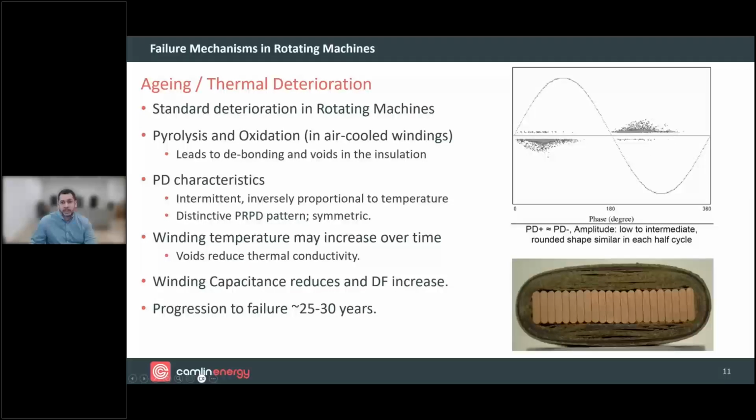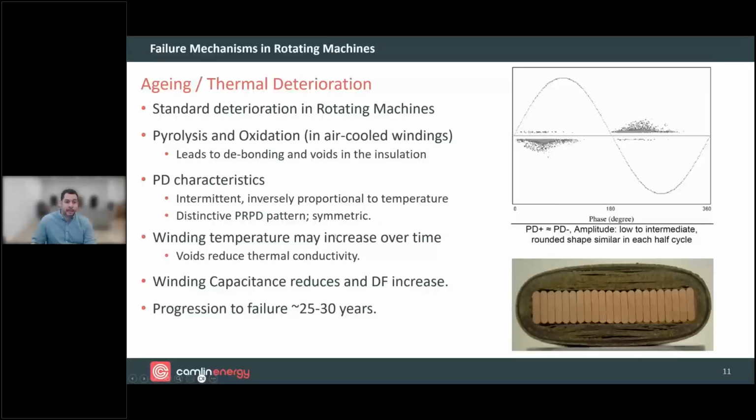So when you look at the phase resolved diagram, you'd be looking to see that the pulse magnitudes are roughly equivalent. Okay. The characteristics here are also inversely proportional to temperature. So you might see at lower temperatures when the machine is just starting, or if the machine is operating at low load, say providing grid support, then you might see an uptick in the internal void discharge behavior.